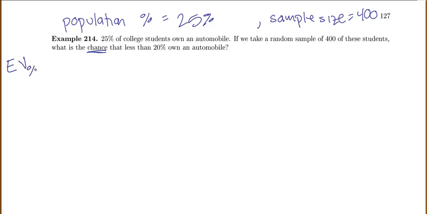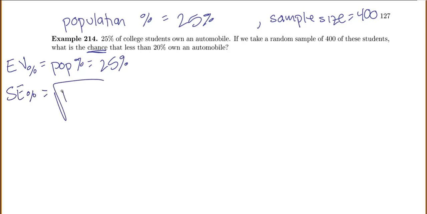So first, let's find the expected value and standard error of the sum. So the expected value is going to be equal to our population percent, which we said is 25%. The standard error for the percent is equal to the square root of our population percentage times 100 minus the population percentage divided by the sample size.